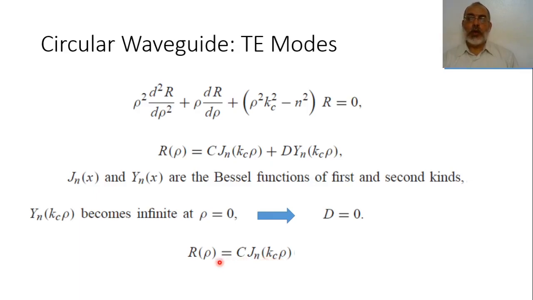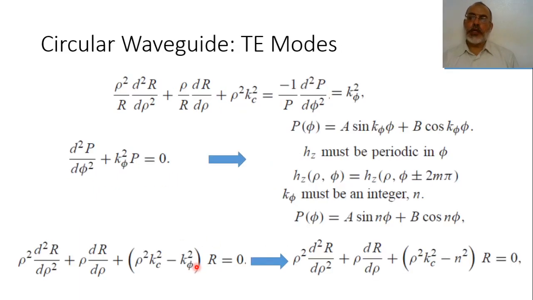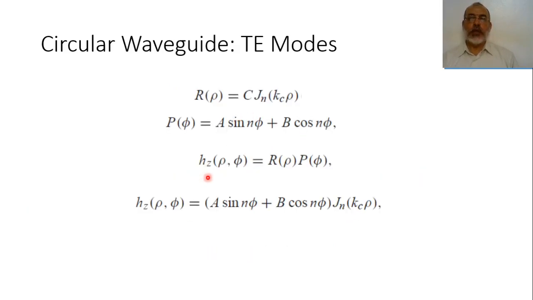Now we know R and we already know b. So Hz, which is R multiplied by b, can be represented as a coefficient A sine n phi plus B cosine n phi, multiplied by another coefficient, which is already included in A and B, multiplied by the Bessel function of first kind Jn of kc rho.